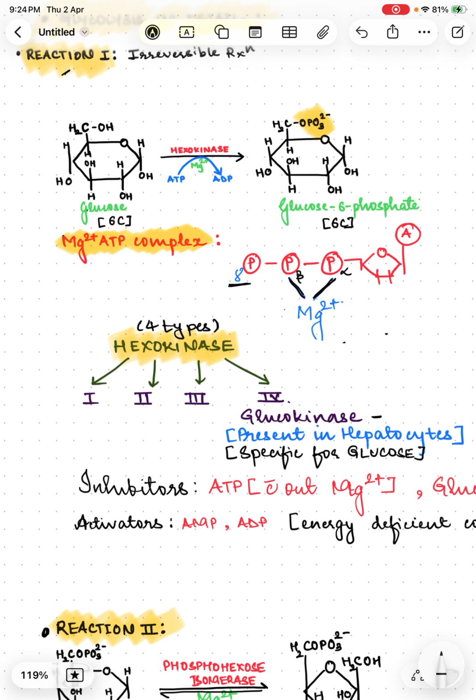So this hexokinase requires ATP in the Mg2 plus ATP form. Now let us study a few things about this hexokinase. There are 4 types of hexokinases.